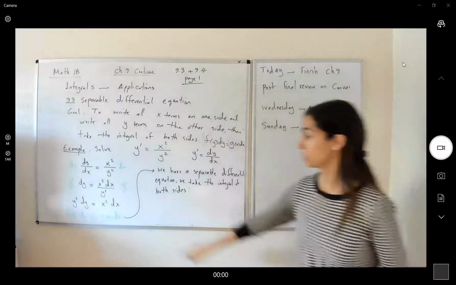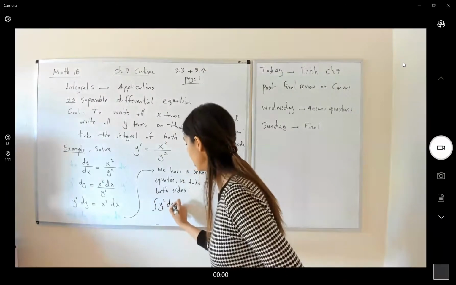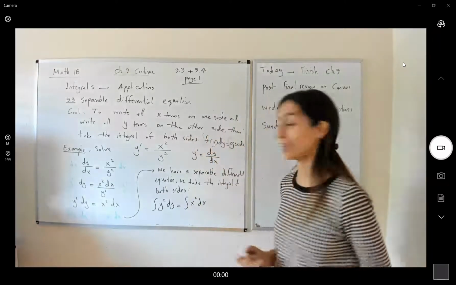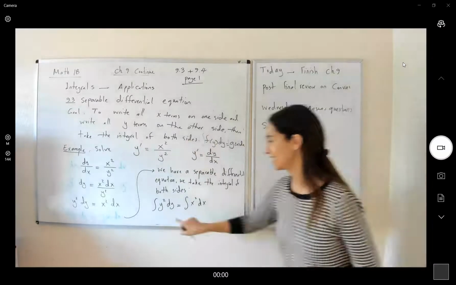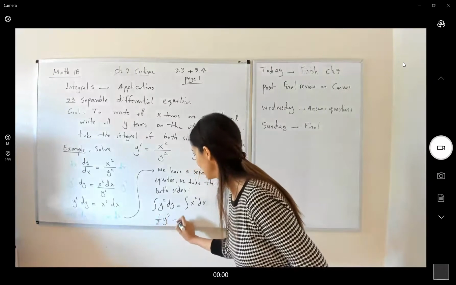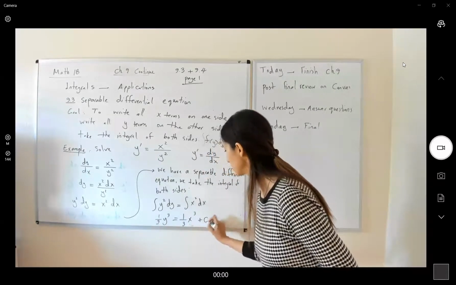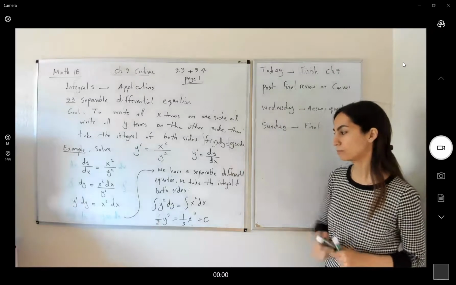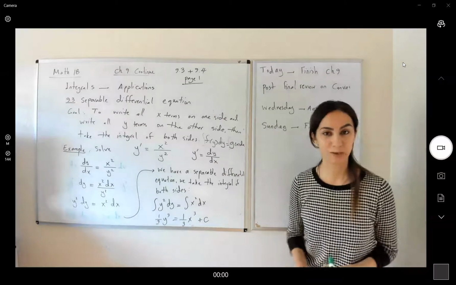There you go. The integral of y squared dy is equal to the integral of x squared dx. Both of them are easy for you to solve. This is a third y cubed equals a third x cubed plus constant of integration. Okay, at this moment, you're done with the calculus part.